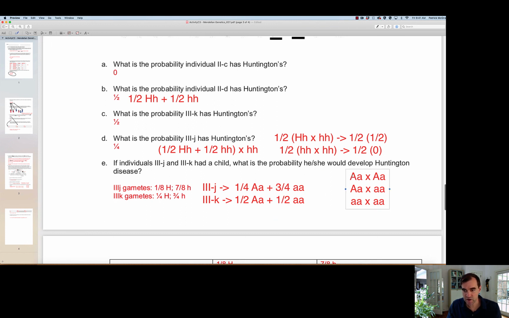And so to figure out the probability of this, that would just simply be the chance that they have it. So there's a 1/4 chance that this person has it, and a 1/2 chance that this person has it. So there's a 1/8 possibility that the cross is this. In this case, there's two different ways.